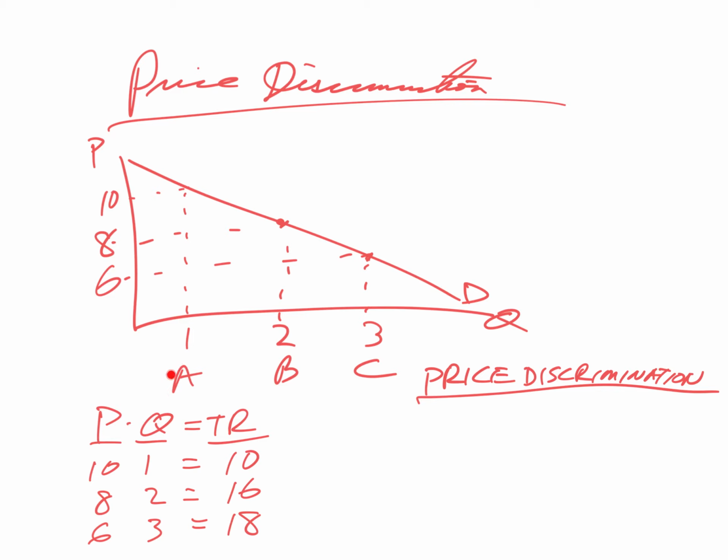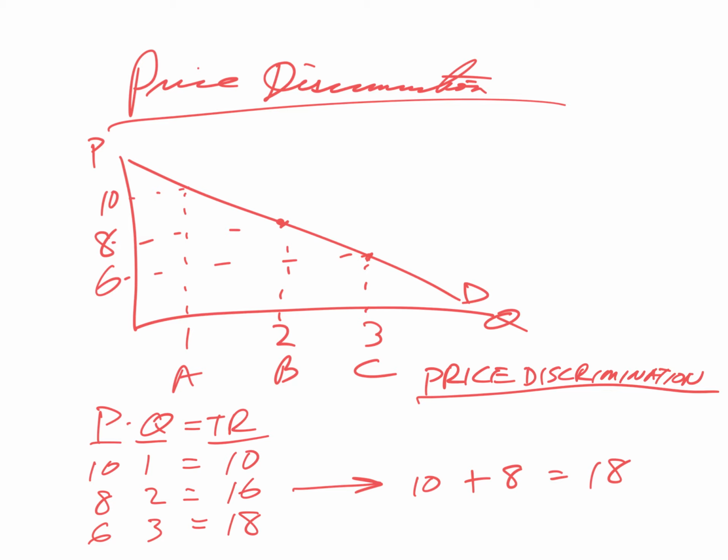But if they can charge A $10 and B $8, they make more money. So, $10 from A, $8 from B. The revenues are 18 under price discrimination.